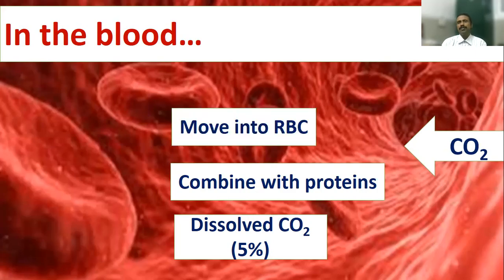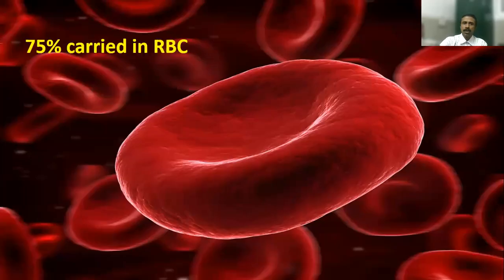But the majority of the carbon dioxide which enters the blood from the tissues simply moves into the red blood cells. So about 75% of carbon dioxide is carried in the erythrocytes. Within the erythrocytes, again, carbon dioxide can remain in three forms. One is again in the dissolved form.